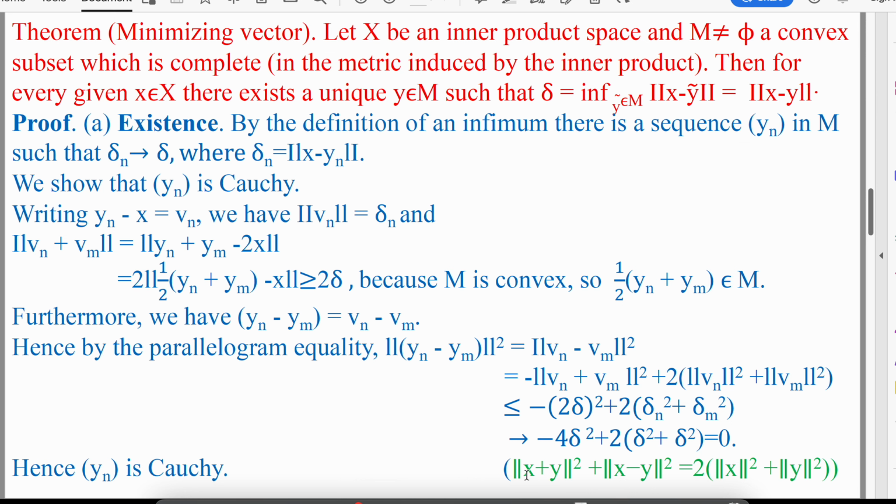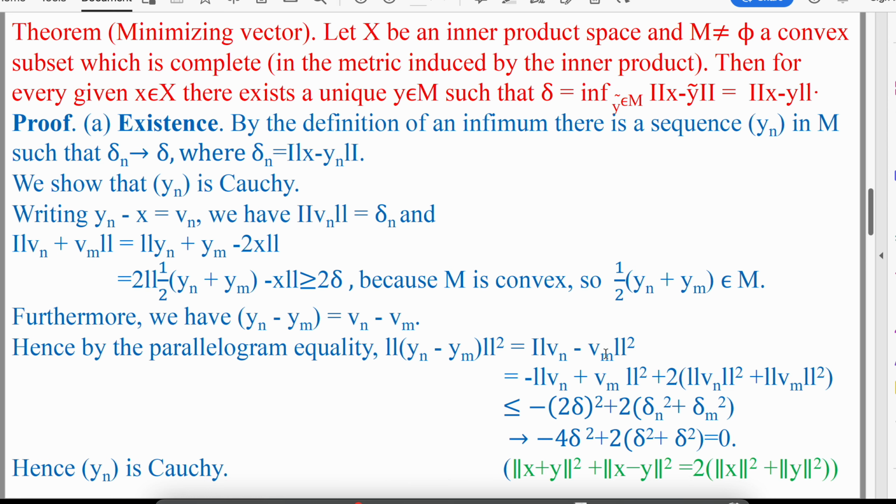We know that the parallelogram equality is norm x plus y whole square plus norm x minus y whole square equal to 2 times norm x whole square plus norm y whole square. So if we shift this term to the right side, norm x minus y whole square is equal to 2 times norm x square plus norm y square, and this will come to this side, so minus norm x plus y whole square.